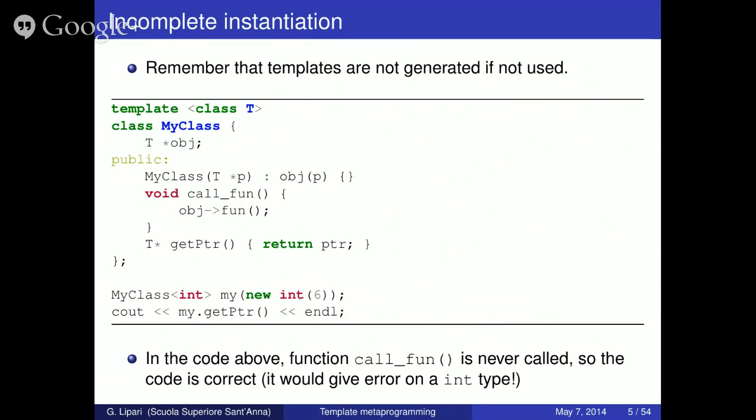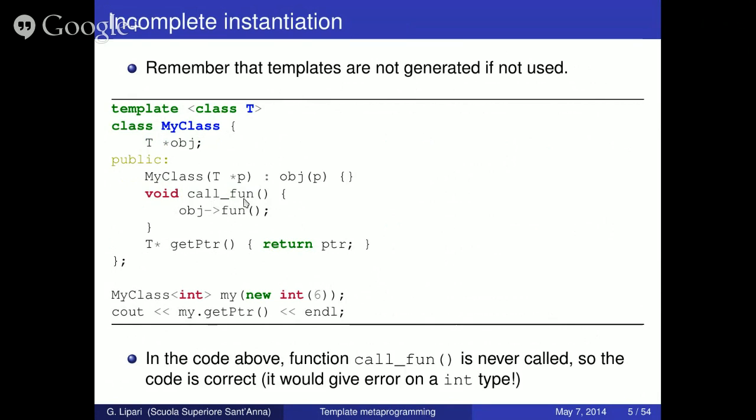Then you instantiate my class with integer. Now, if you instantiate my class with integer, some of the code there doesn't work. In particular, callFun is not going to work because integer is a primitive value, so it has no fun member to call.